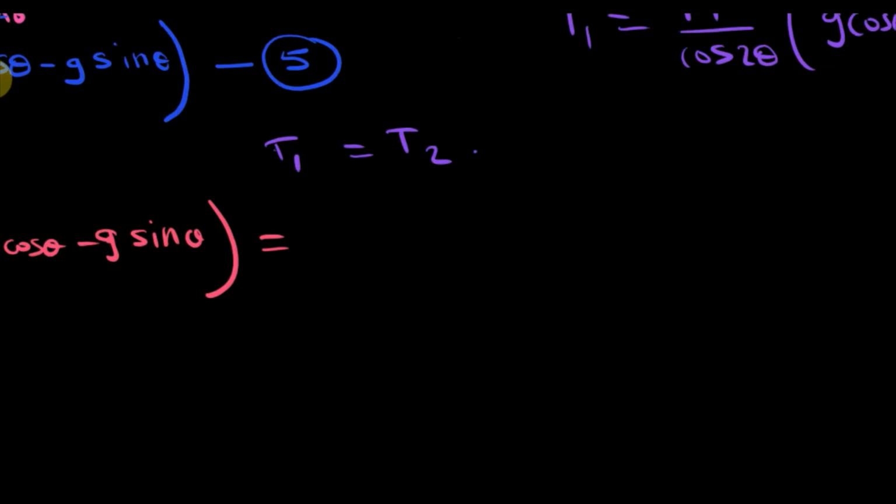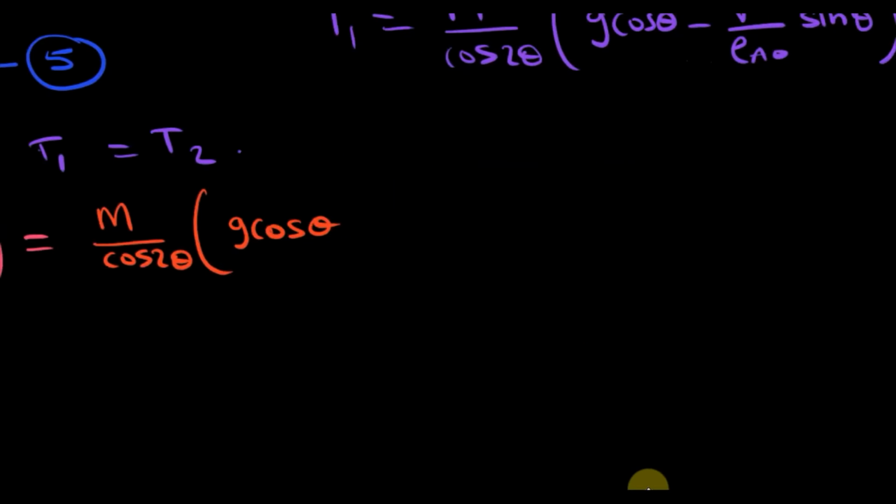T2 is m over cos 2 theta, g cos theta minus v squared over LAO sin theta.